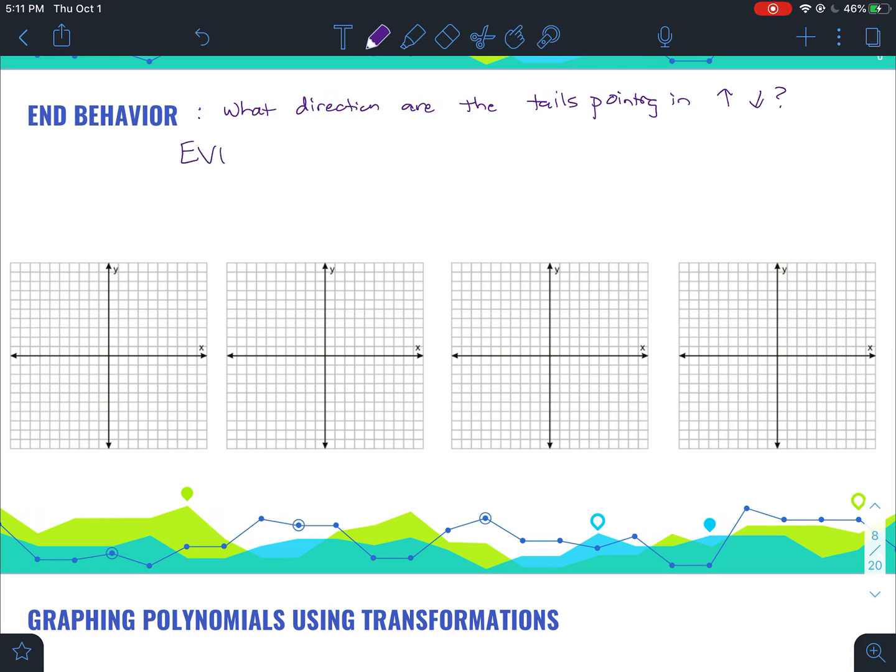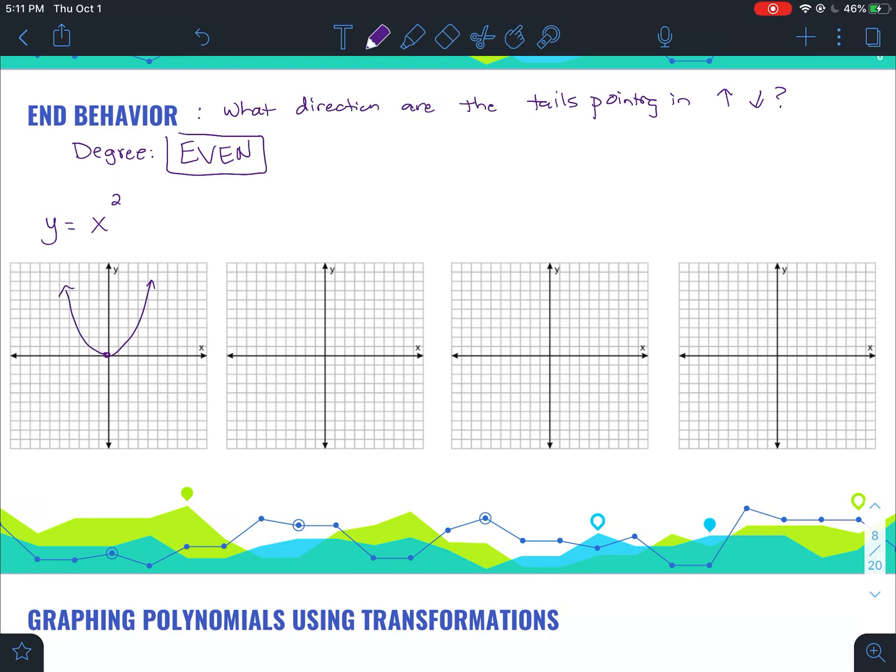So let's start with our even end behavior. If the degree is even, so remember the degree is the highest exponent, you've got two options. And I always remember this with the parent function x squared. And this is going to be true for any even degree. So if I have x squared and I wanted to graph it, it would just be a happy parabola, correct? And so the end behavior, well, look at those two tails.